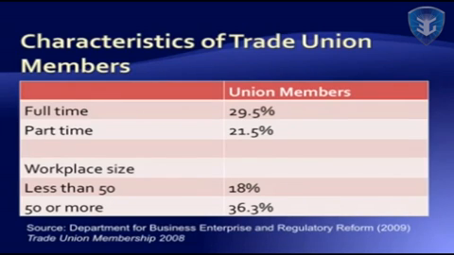Indeed, part-timers are still underrepresented in the union movement as a whole, and trade unions also tend to be easier to organise in larger workplaces. The majority of trade unionists work in workplaces of 50 or more employees. That concludes what I want to say, just as a general prologue to our lecture on trade unions.